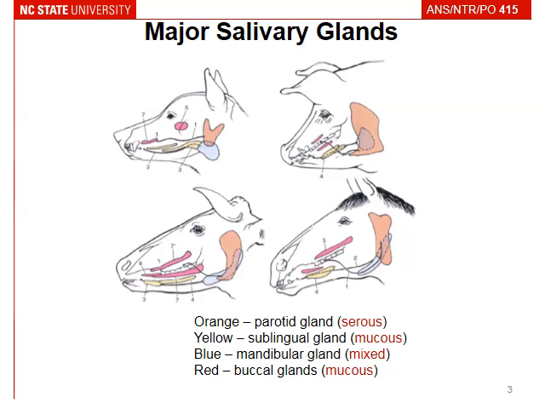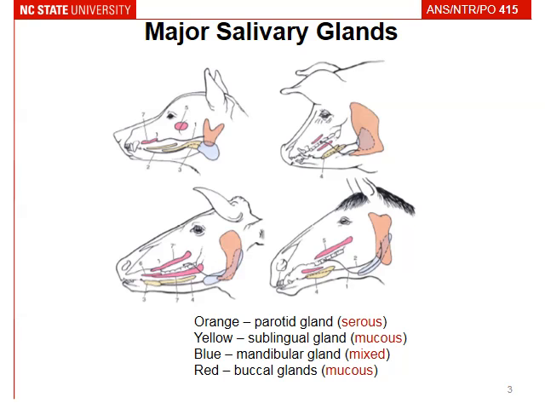The yellow is the sublingual gland, and this is the salivary gland that's located under the tongue, and this releases very protein-rich mucus saliva. And then you have the light blue, the mandibular gland. This produces a mixed saliva. And the red is the buccal glands.